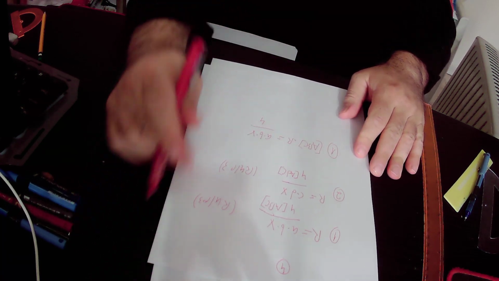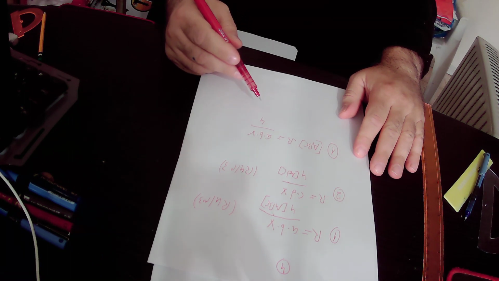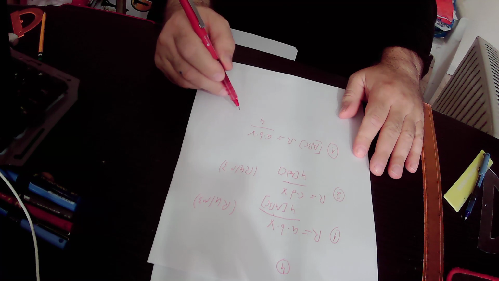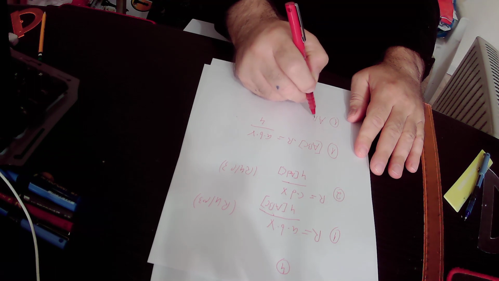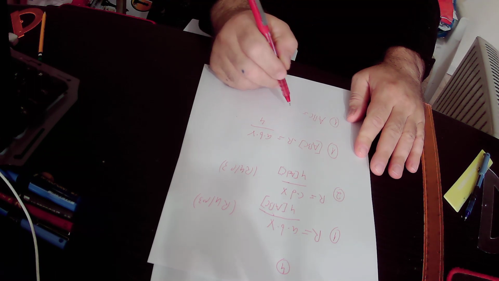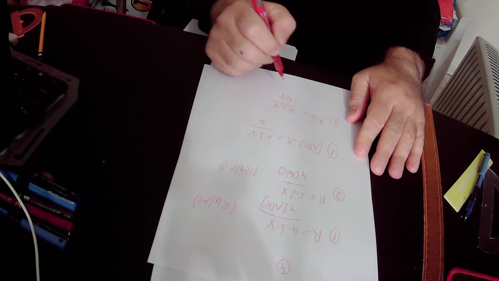Here we will divide this equality by R, the radius of the circle, and we will get that the area of triangle ABC equals A times B times X over 4R.